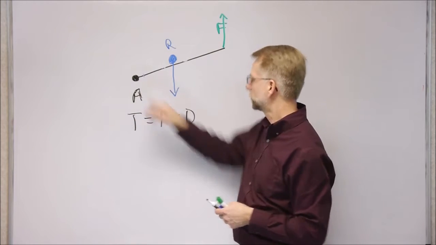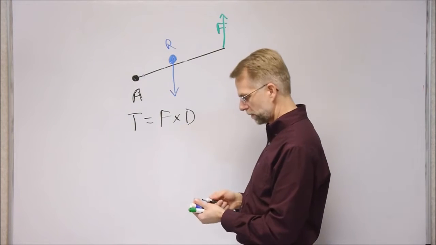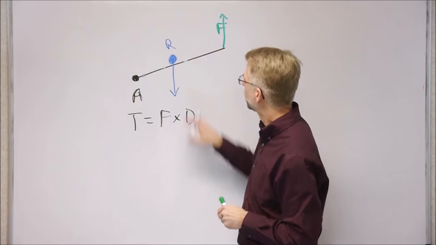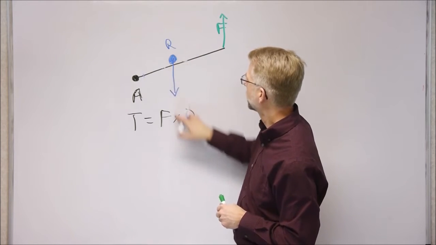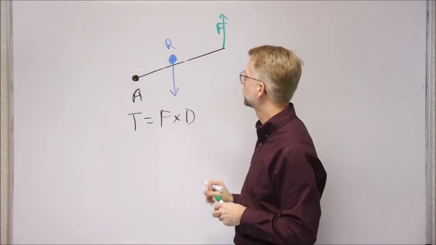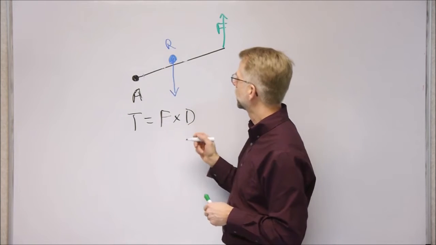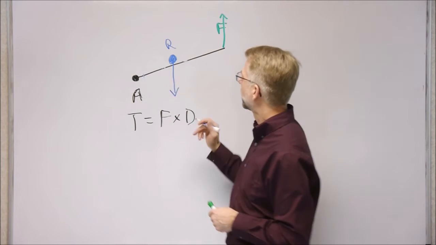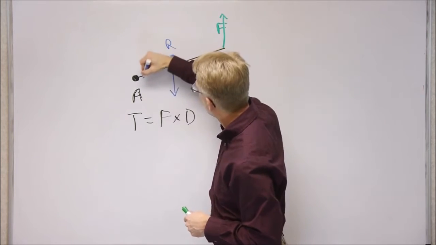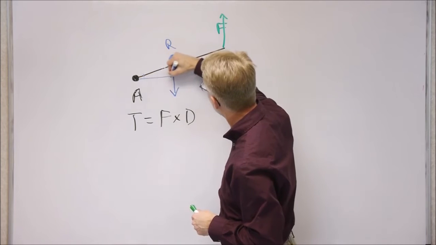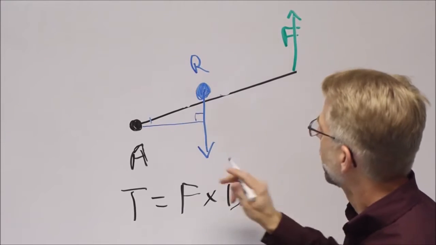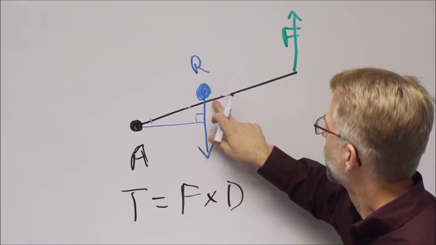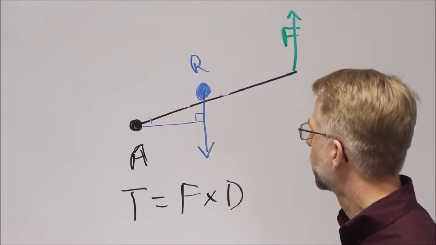And when we say the distance from the axis, what we really mean is the shortest possible line from the shaft of the vector, or the path of the vector, to the axis. And that shortest possible line is always going to be perpendicular to the vector itself. So in this case, this would be the distance around which this resistance works.